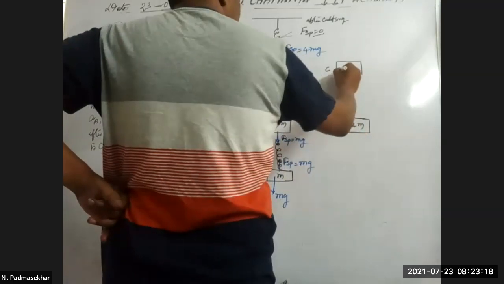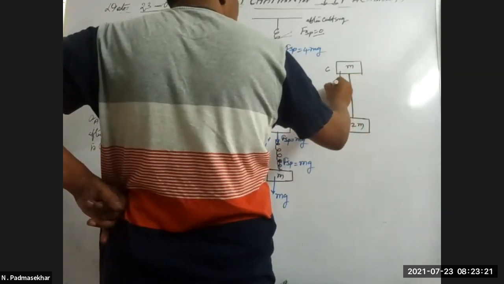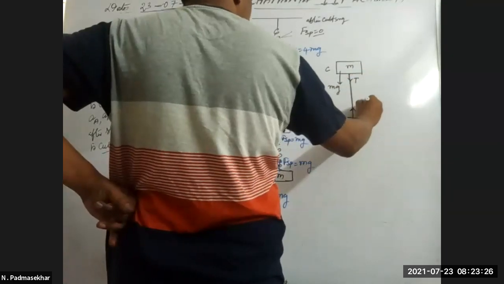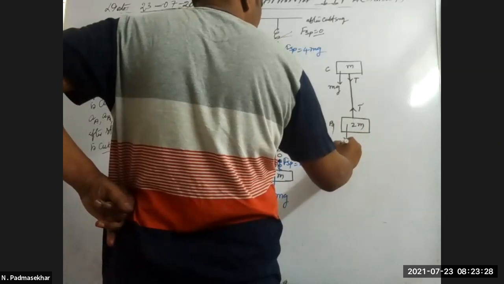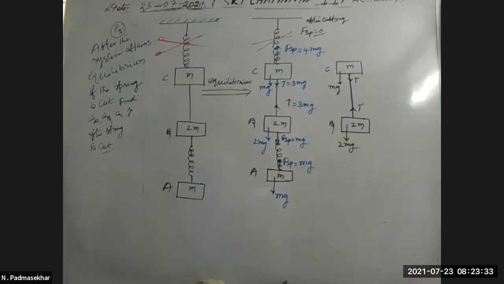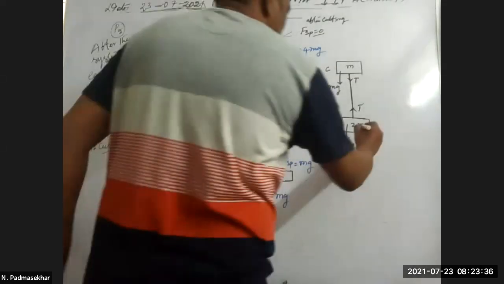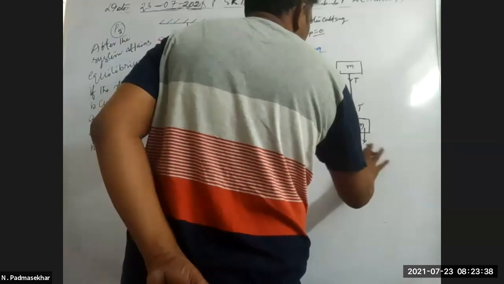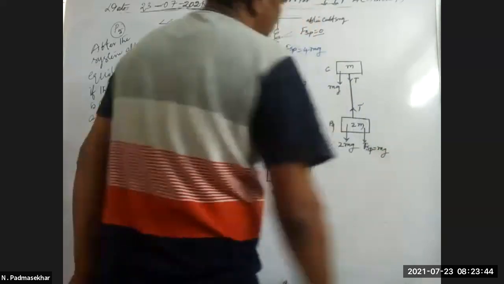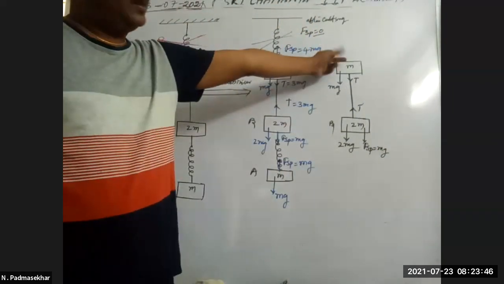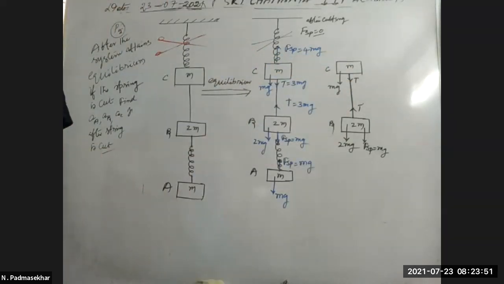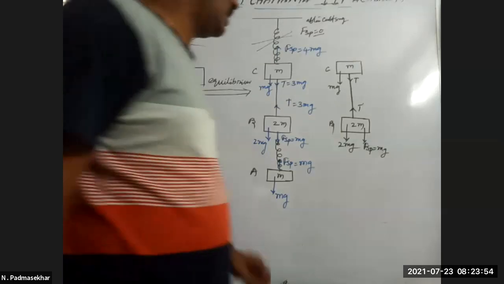The weight of this one is mg, there is a tension, and this weight is 2mg. Also the spring force mg is acting. These two bodies are connected by one string.